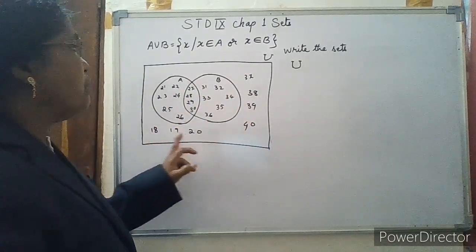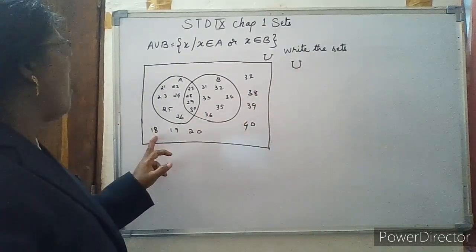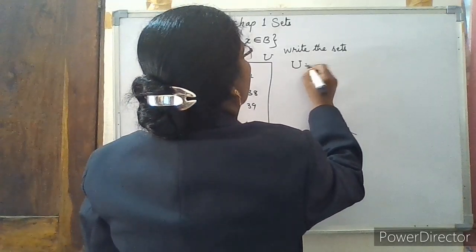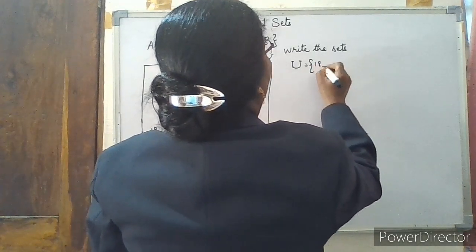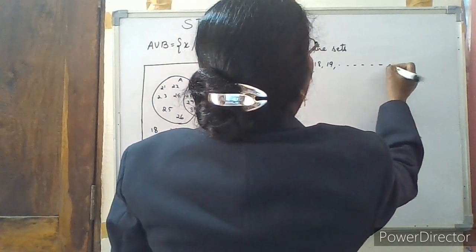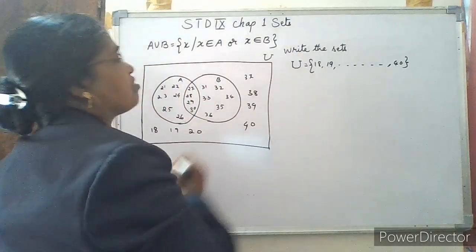That means the elements of the universal set start from 18 to 40. So universal set: 18, 19, 20, no need to write all the elements, up to 40. This is the universal set.